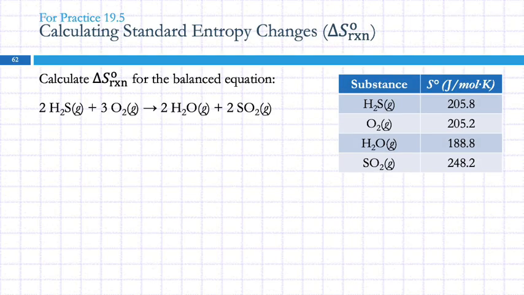Okay. So calculate the standard entropy change for this balanced equation. And we are given the molar entropies that we need. So we're looking at the entropies of the products, which is like the final, minus the entropies of the reactants.